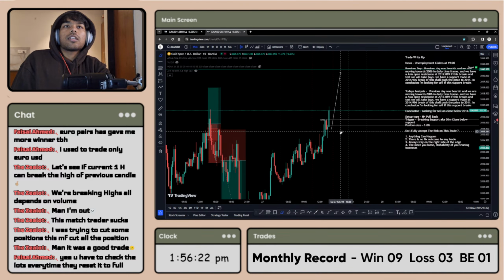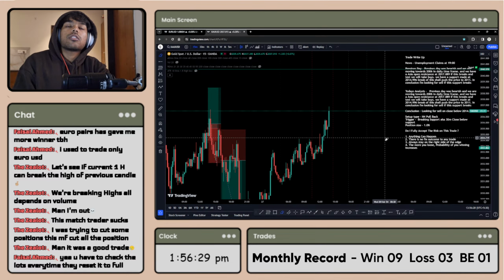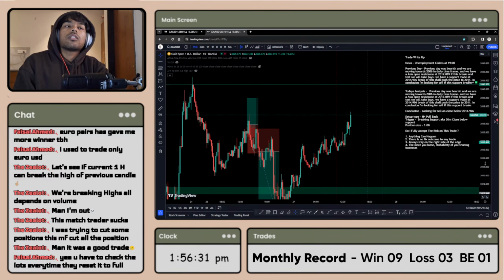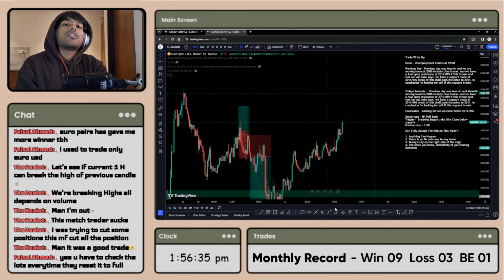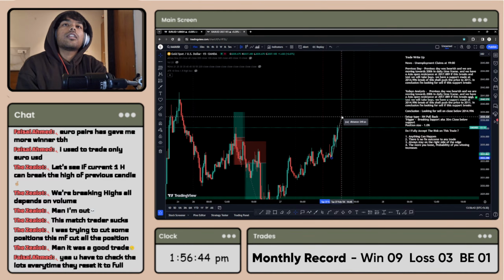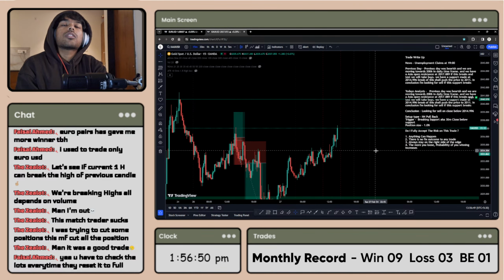So this was an example of how you can increase the size in your trading position. And I don't know if you guys have noticed, whenever a move starts at London Open, it will end right here at 2:30. It moves according to the time, if you have ever noticed.